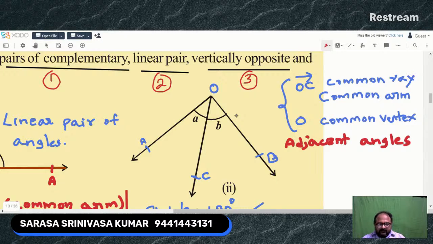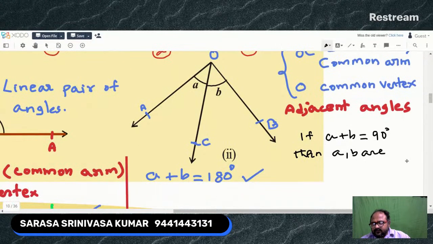You measure the angles, angle A and angle B. If the sum of the two angles, A plus B, is equal to 90 degrees, then A and B are complementary angles.